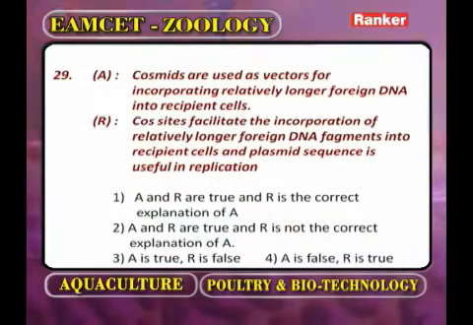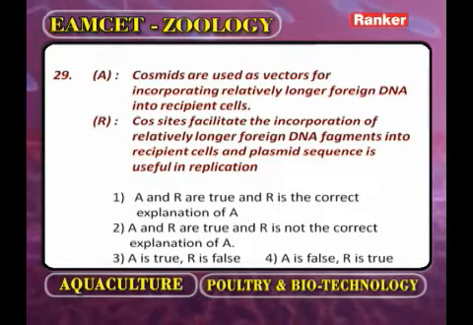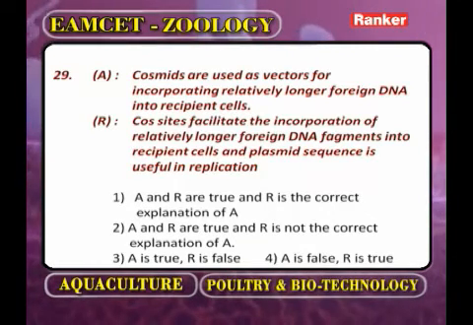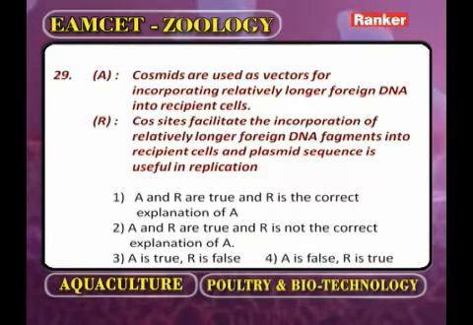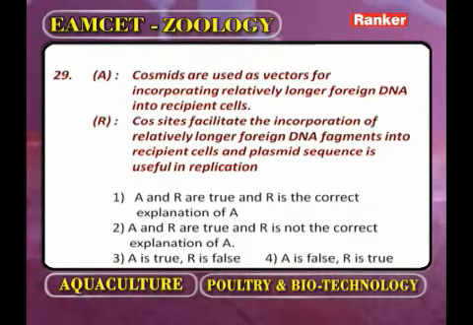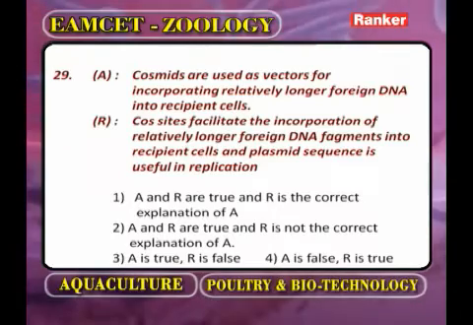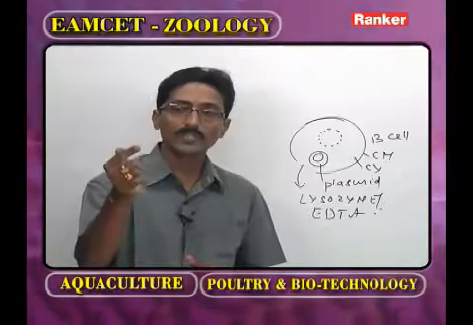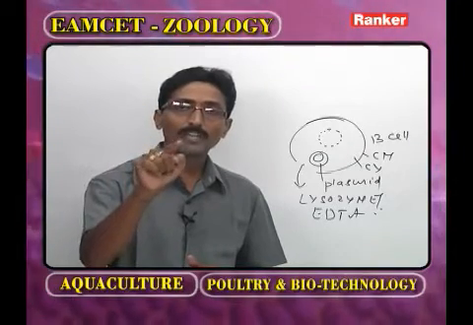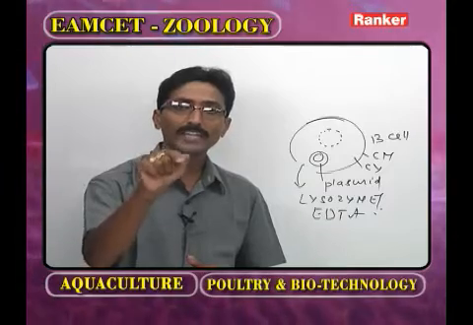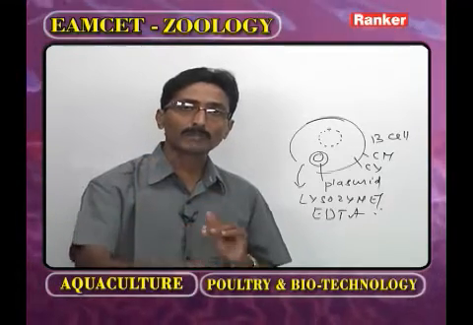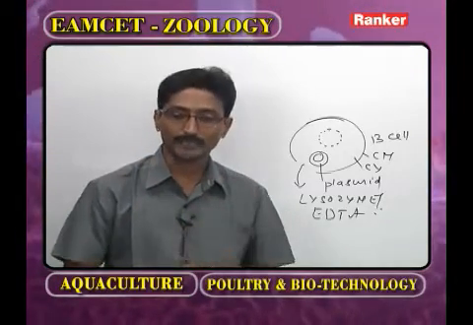The next one. Cosmids are used as vectors for incorporating relatively longer foreign DNA into the recipient cell. Along with the plasmid, only a small fragment of DNA can be inserted. Along with the bacteriophage, only a small fragment of DNA. But by using the cosmid, BAC and YAC, we can incorporate the entire length of DNA.